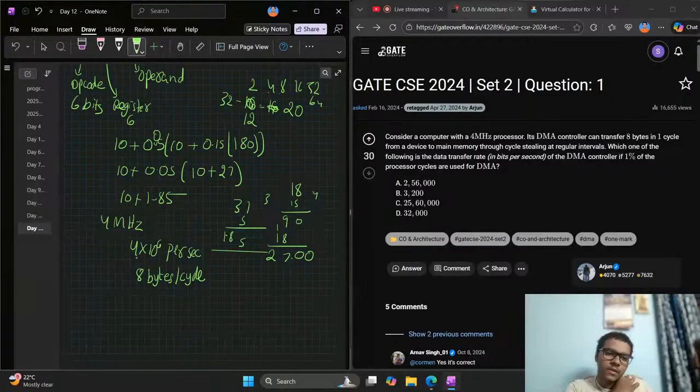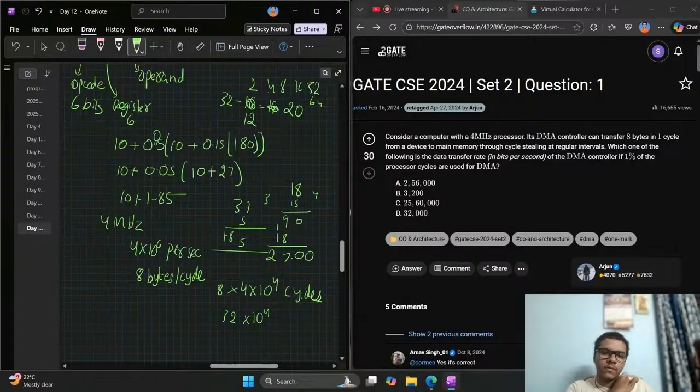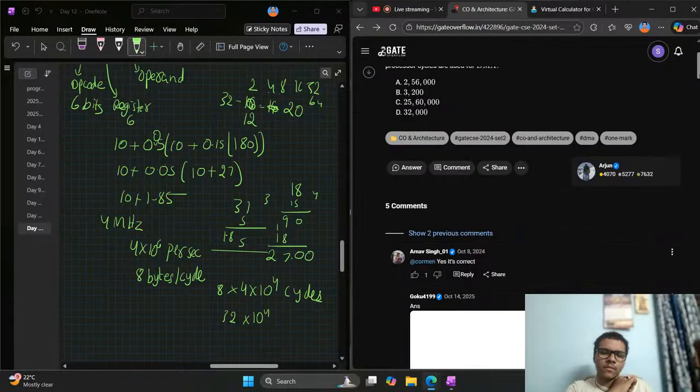So 1%, alright, nice, 1%. So divided by 100, that is 4 into 10 power 4 cycles, and per cycle it can do 32 into 10 power 4. There is no answer. 32. Okay, we messed up somewhere.